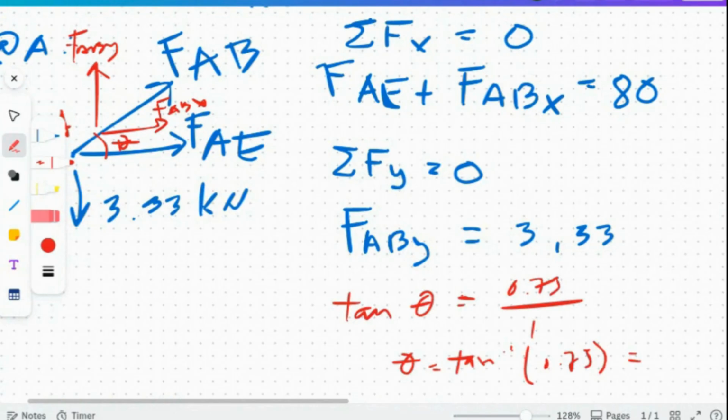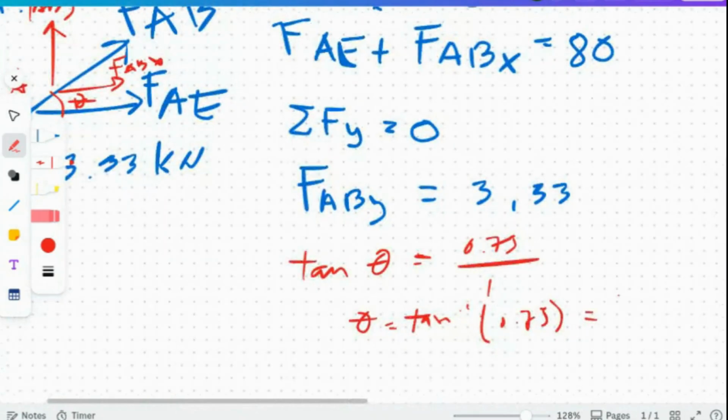Let me quickly solve that first. Let me grab my calculator. Arctan 0.75, that's 36.87. Okay, that's 36.87.